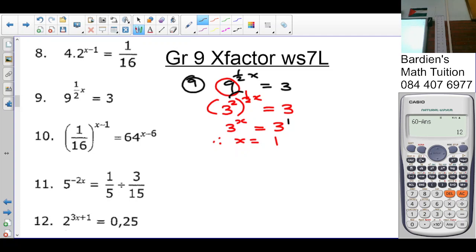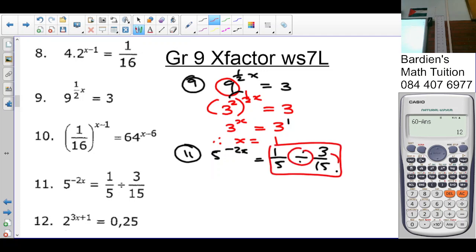Let's look at number 11 as the last one. You've got 5 to the negative 2x equals 1 over 5 divided by 3 over 15. This needs to be sorted out first.